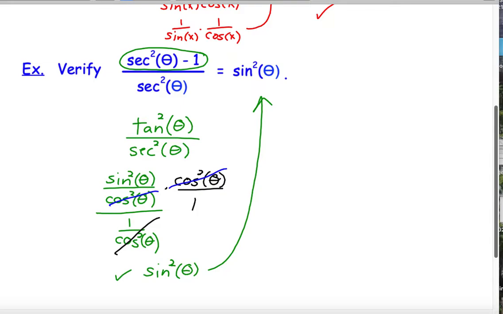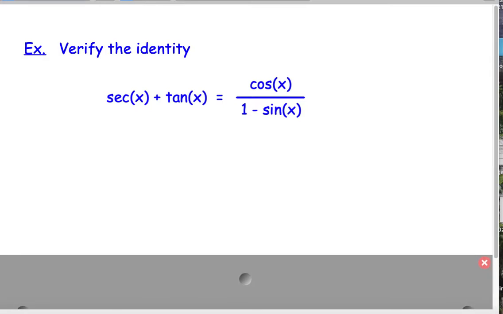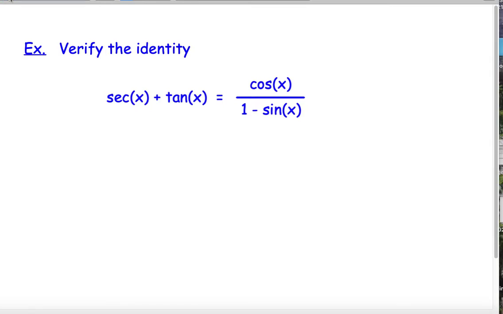All right, let's look at one more example. Let's verify this identity. So what's our choice here? We could work with the left side, or we could work with the right side. So you might think, well, maybe I should change the left side to sines and cosines and work with that.